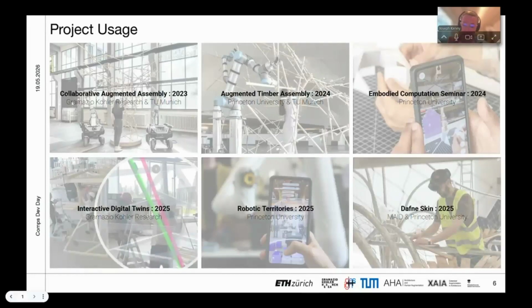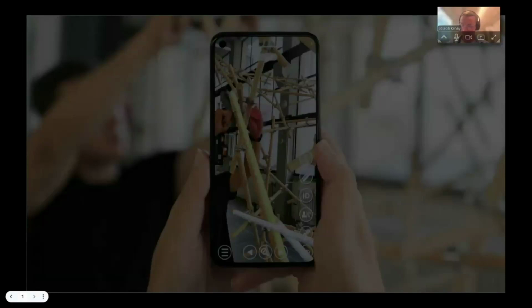COMPAS XR has served as a base or been used in a huge variety of projects to different degrees, including both robotic and non-robotic assembly workflows, all of which are focused on in-situ fabrication processes. While COMPAS XR has seen success and been utilized within a large variety of projects to support different use cases, generally XR development is difficult as it's situated in various operating systems, devices, interaction modalities, and platforms.